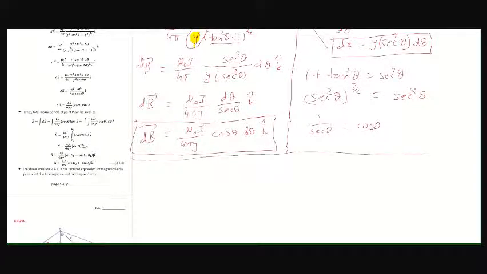So now we'll find the total magnetic field B, which can be given as integration of dB. I will take mu 0 I by 4 pi y outside, and I'll take cos theta d theta k cap. What should be the limit of integration?